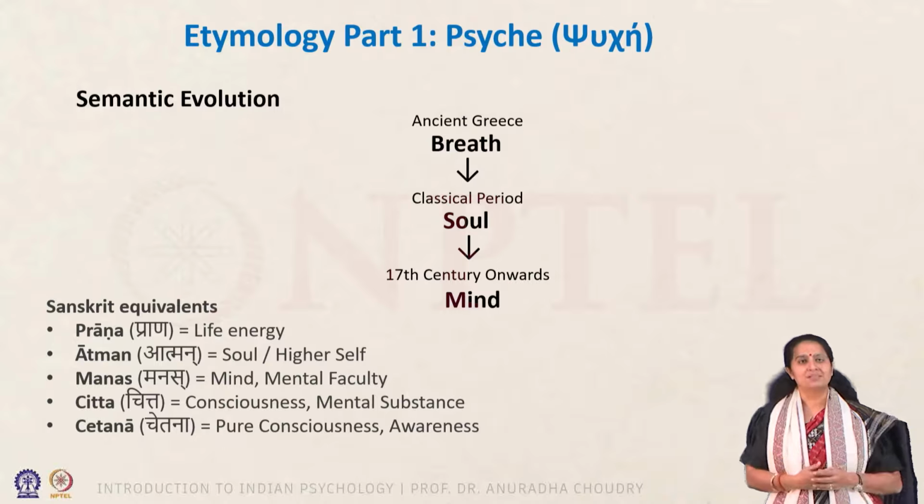We have a few Sanskrit equivalents that you'll find very close parallels with these terms. So we've got the term prana, life energy, Atman, the soul or the higher self, manas or the mind and mental faculties, chitta, which means consciousness, mental substance, and chetana is pure consciousness or awareness. And we find in Sanskrit literature a huge range of terminologies that describe the different shades of consciousness.